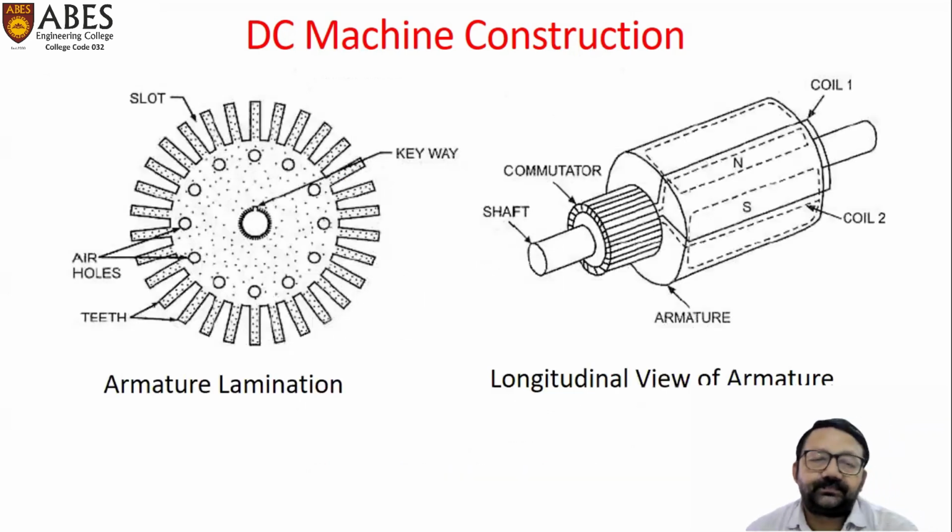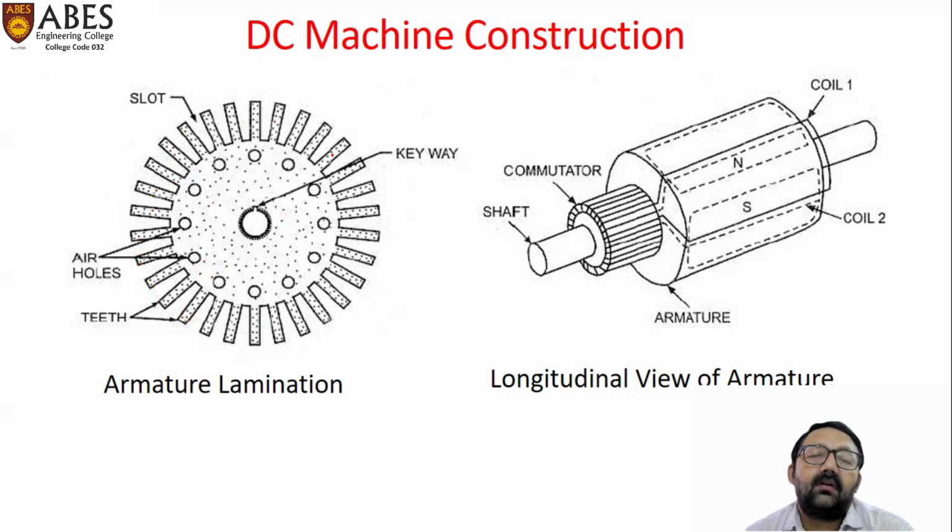Here, this armature core is made up of laminations. The armature is not made up of a solid piece. Instead of a solid piece, we use armature laminations. These laminations have a thickness of around 2 to 4 mm depending upon the rating of the machine. And these laminations can be circular, semicircular, or quarter circular, depending on the rating of the machine.